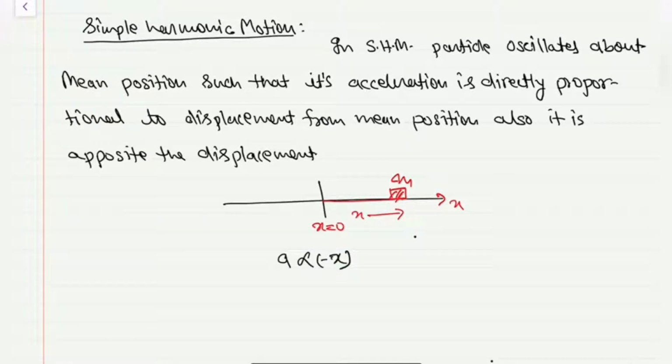The minus sign represents this. Acceleration is directly proportional to minus displacement. So this is an example of simple harmonic motion.